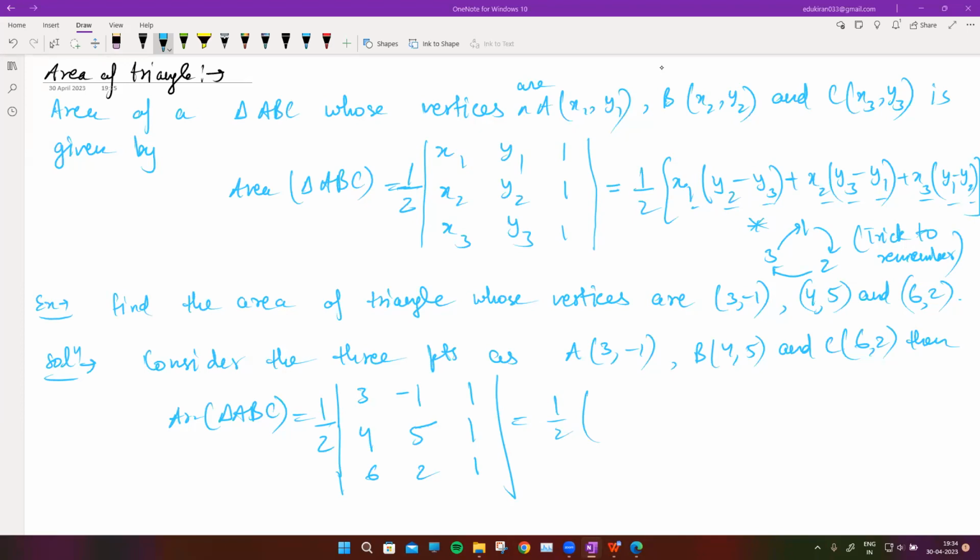Did you get the answer? Yes, anyone? You have to solve this and tell me the answer.